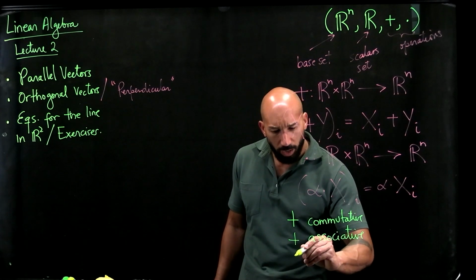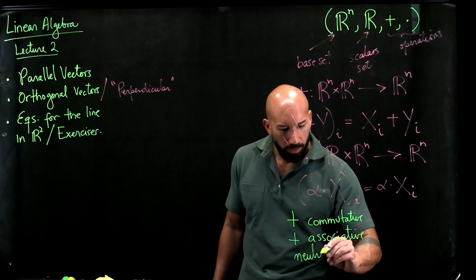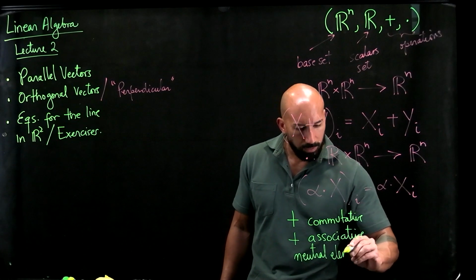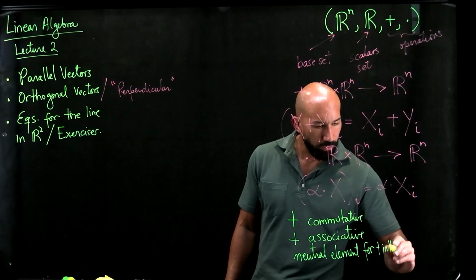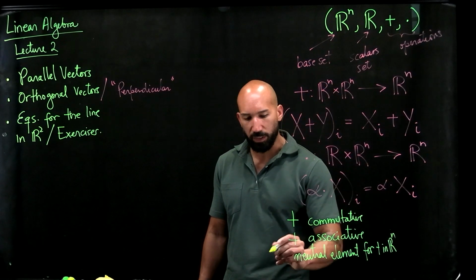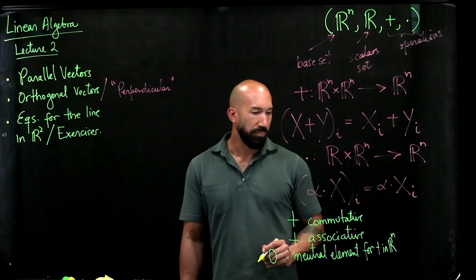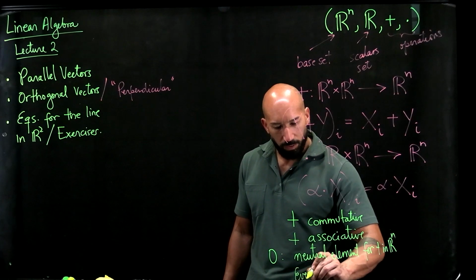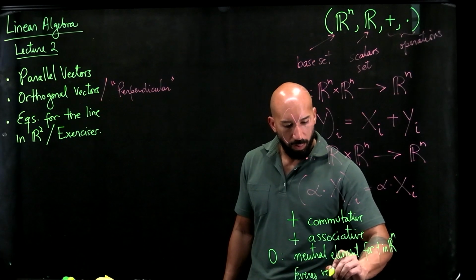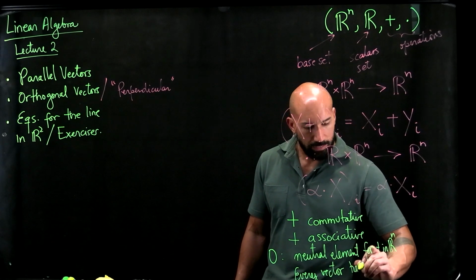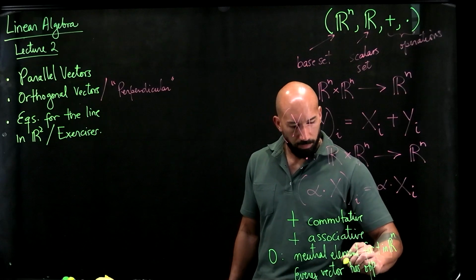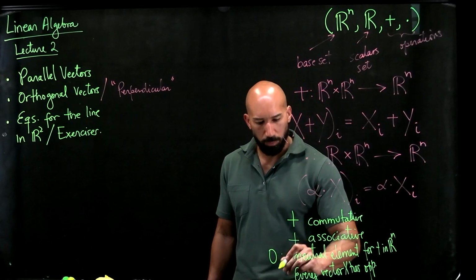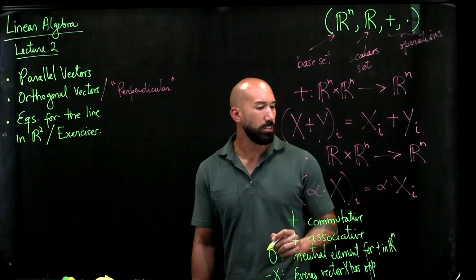There is a neutral element for the addition of vectors, which is the vector 0, and every vector x has an opposite, which is going to be minus x.